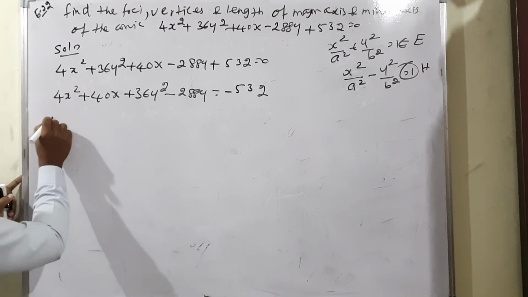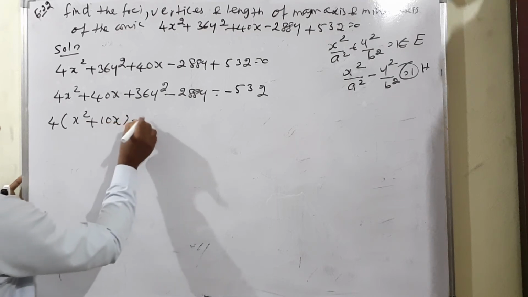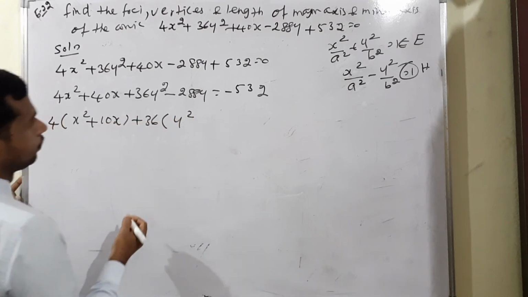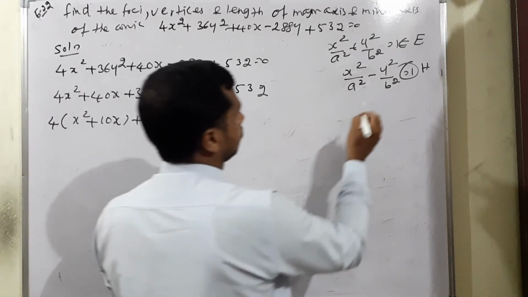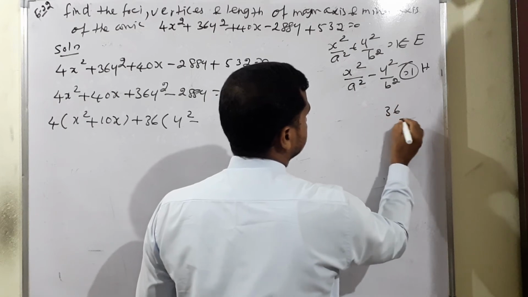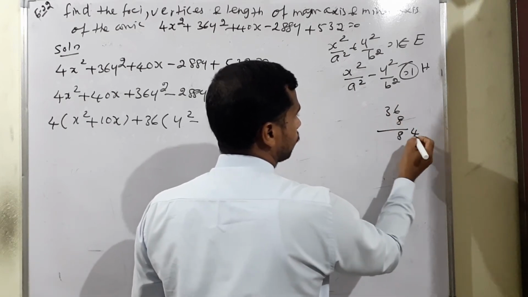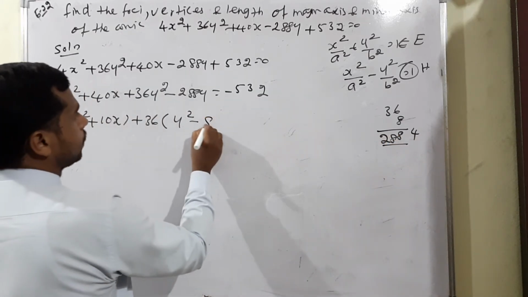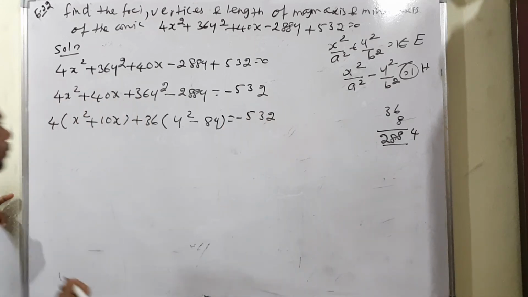Take 4 common from the x terms: x² + 10x. Take 36 common from the y terms: y² − 8y, since 36 times 8 is 288. So it equals −532.